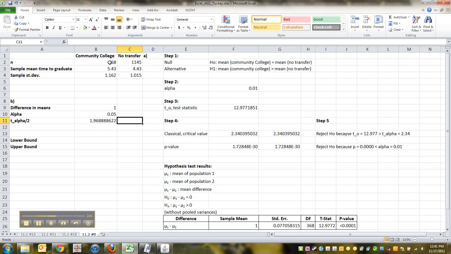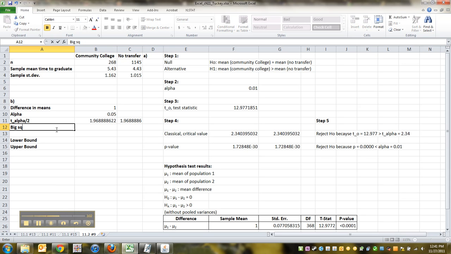Now if you're doing old school Excel, you do TINV like that, and then 0.05, comma, 268, take away 1. Okay, either way. So there's that number.